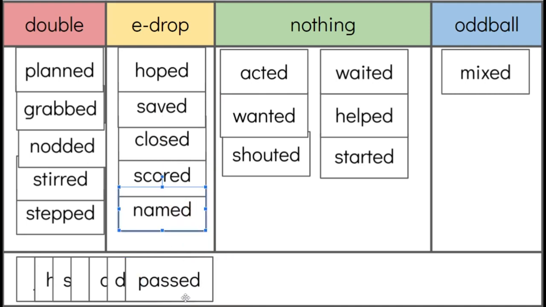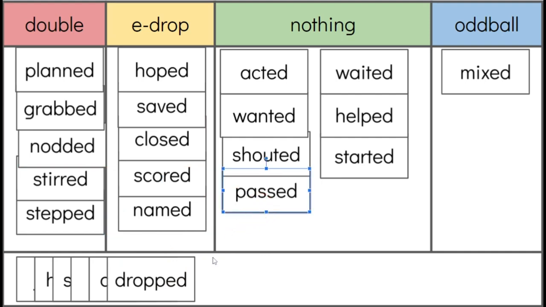Passed. The root word here is pass, P-A-S-S. So this one could be tricky, where we think pass, P-A-S, double the consonant for the ED, but the root word here is pass, P-A-S-S. So there's nothing we need to do there with the double consonant except add our ending.